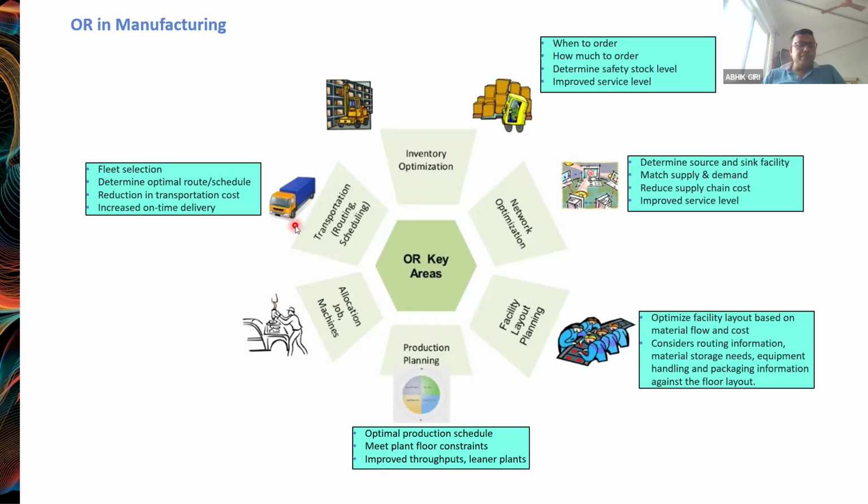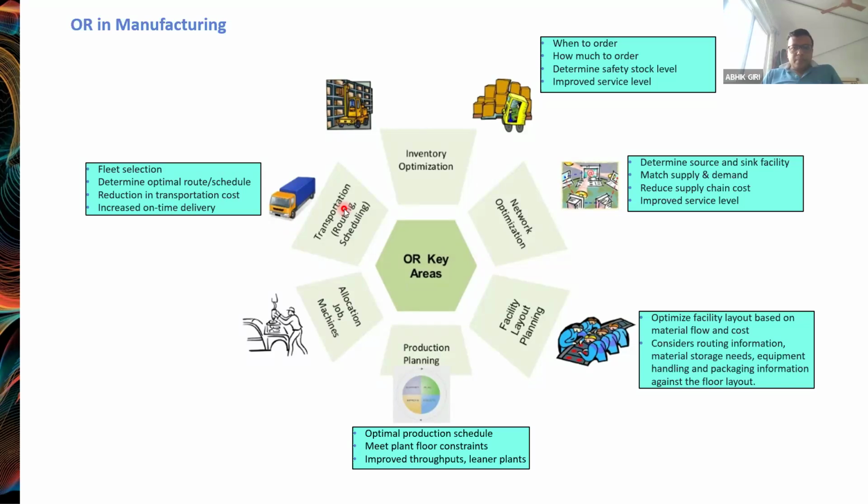But you can do that only if you're following an optimal route. You should also look at, let's say, whether to use one big truck or two small trucks, which is better, because different trucks would have different costs based on their capacity and volume. So this is another aspect in manufacturing.